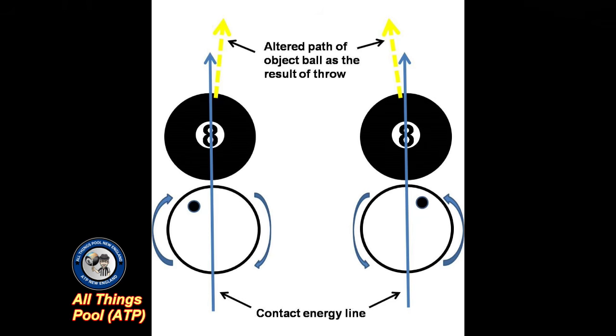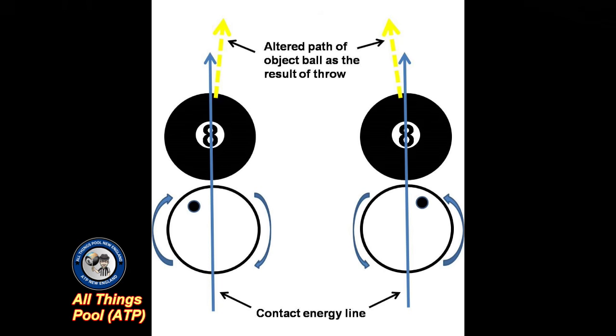We have the cue ball spinning to the left or to the right because of English. And when that happens, just like when two gears are contacting, the one gear will turn the other gear in the opposite direction. That's what happens with our English induced throw.